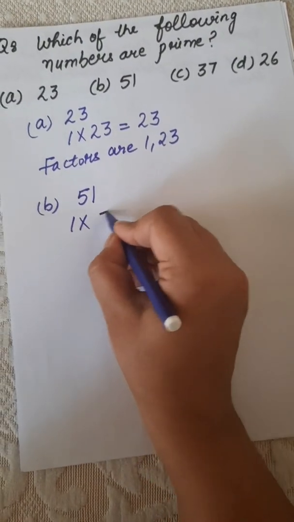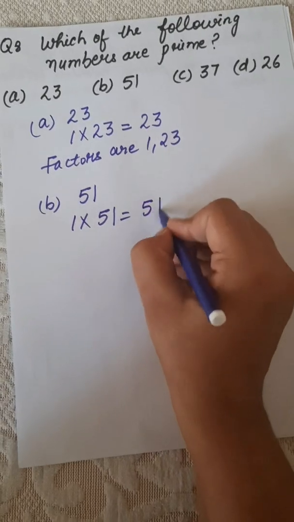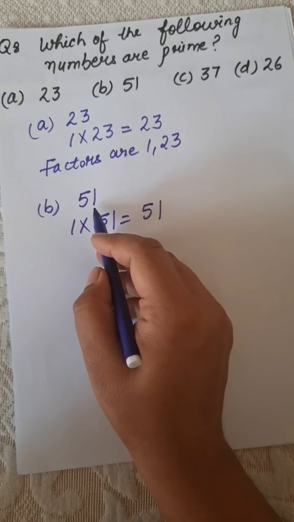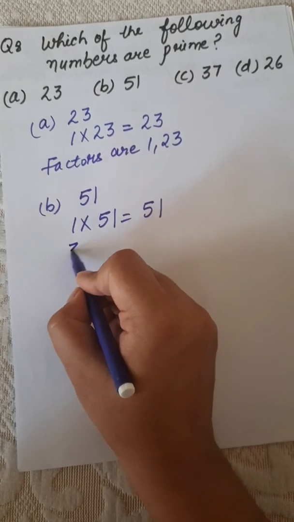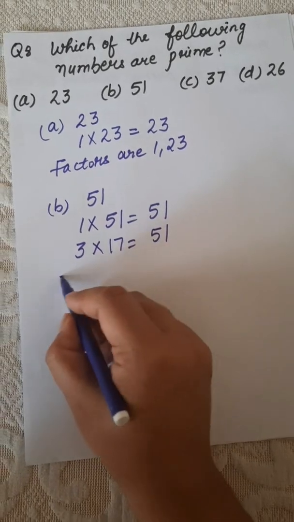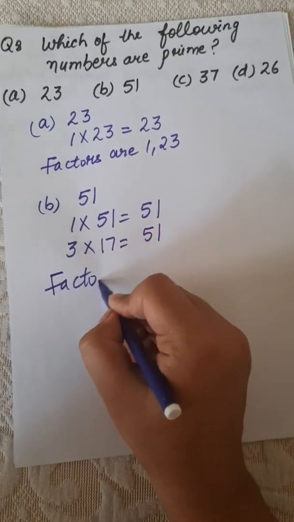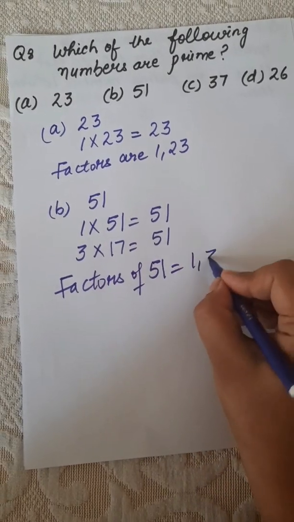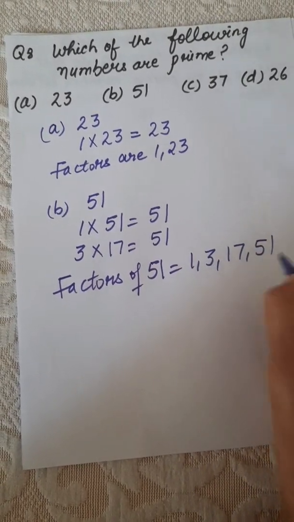We have 1 multiplied by 51 is equal to 51. Then 2, as it is not a multiple of 2, we will start from 3. 3 multiplied by 17 is equal to 51. Here the factors of 51 are 1, 3, 17, 51.